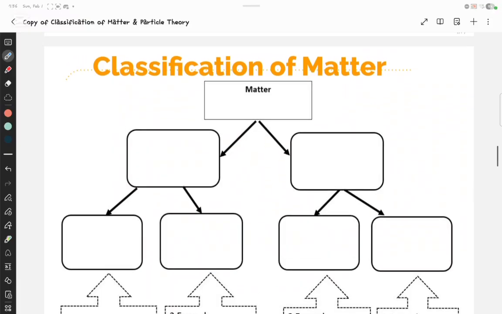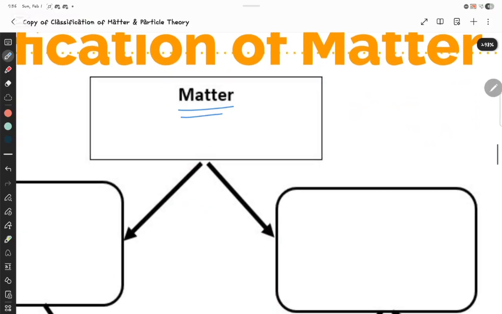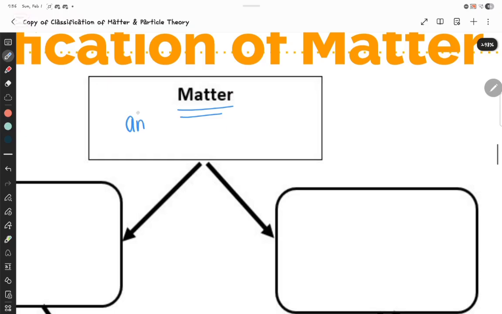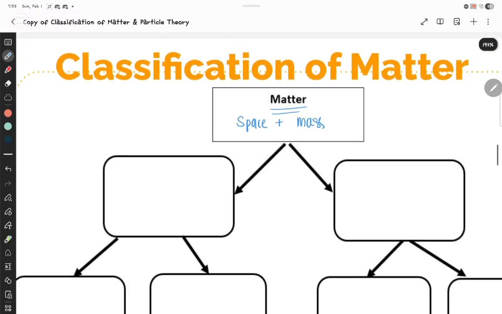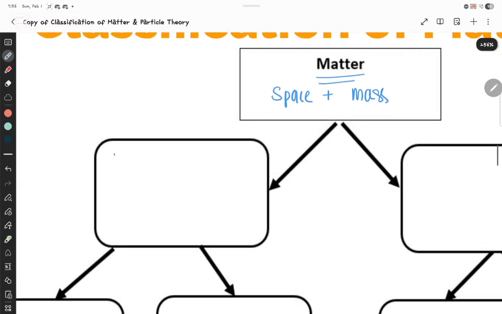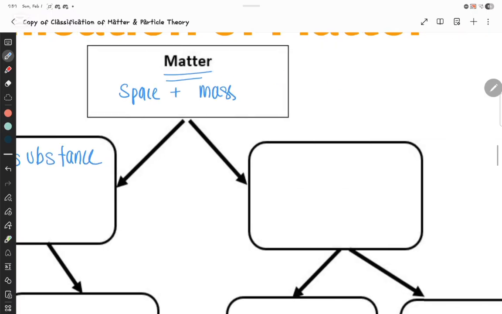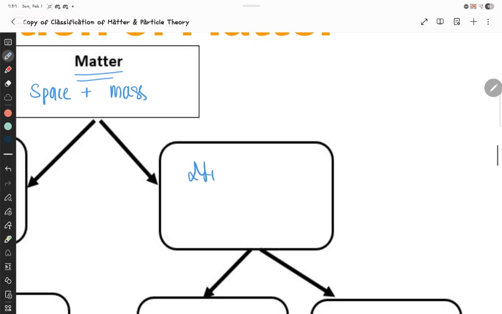Okay, our next topic is classification of matter. So we have matter right here. So anything with space and mass. That branches off into a pure substance or a mixture.